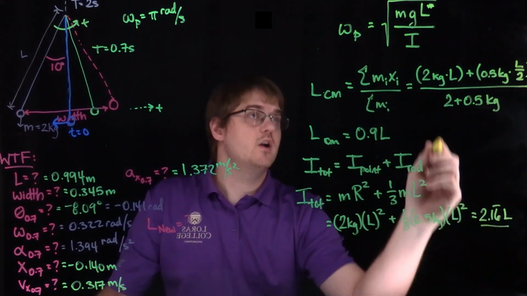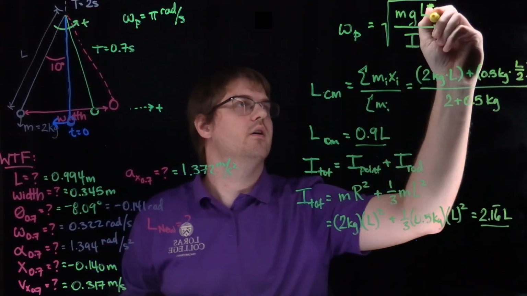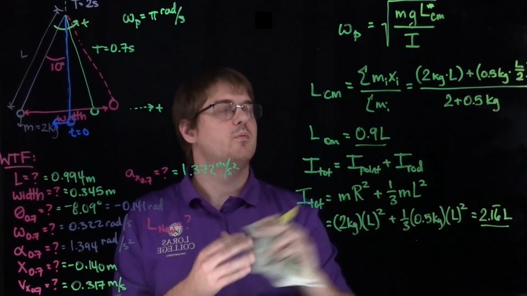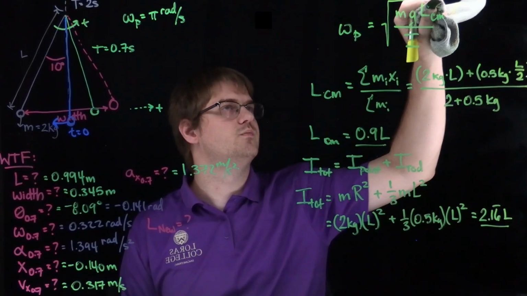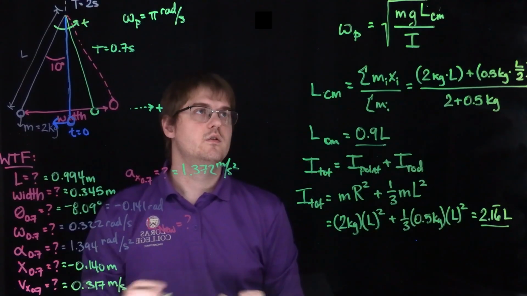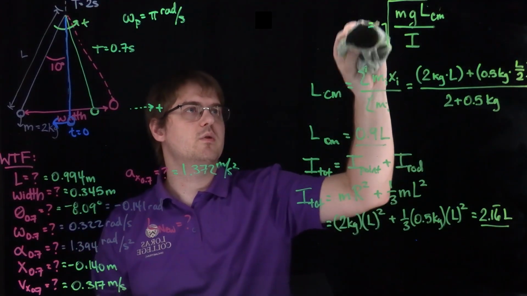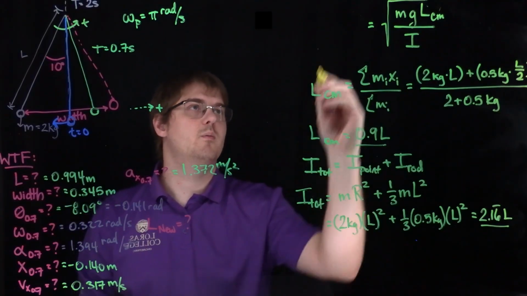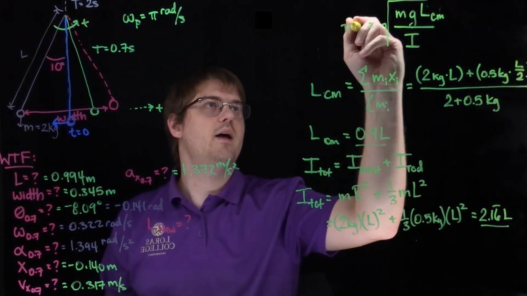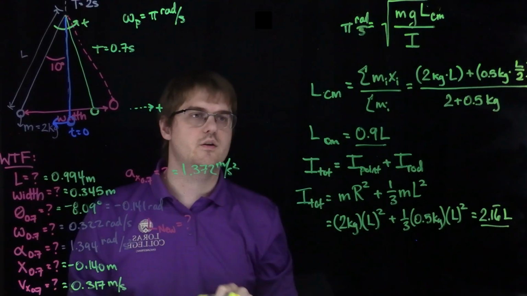We have two variables that we have in terms of this L. So this is LCM with my new little terminology there. And I know what that omega p is supposed to be. So I'm going to start erasing things and replacing them with values. This omega p is pi radians per second. That's right there.